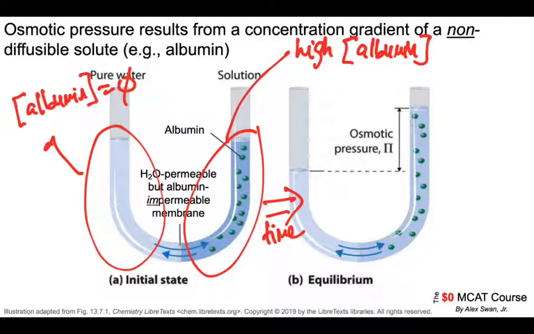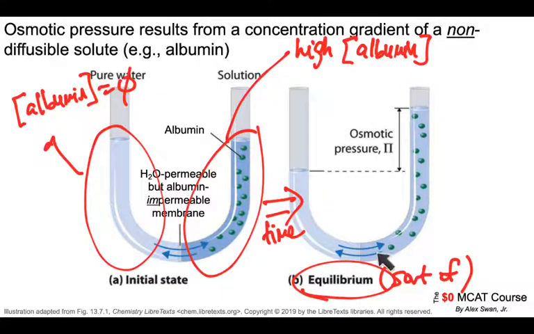So we can see at equilibrium, and again, this figure is not really equilibrium, so I'm going to say equilibrium sort of, because in equilibrium we would see essentially all of the water here move here because there are essentially no albumin particles here. But that's kind of an artifact of this figure.